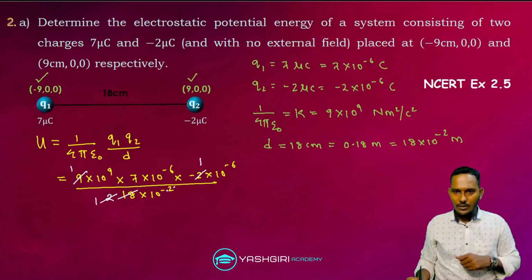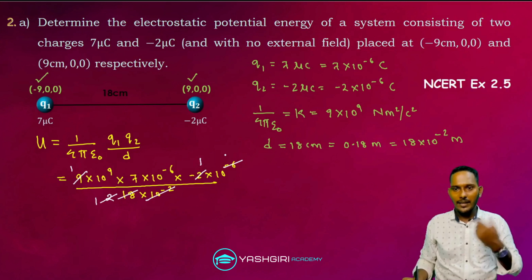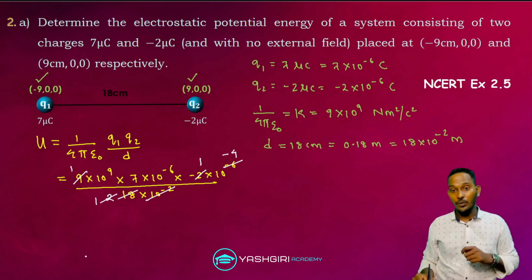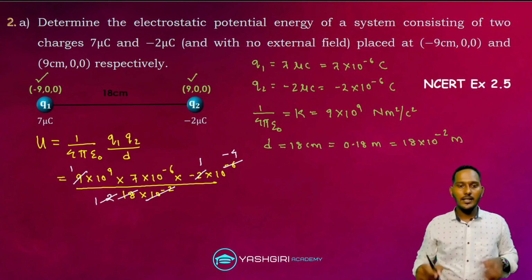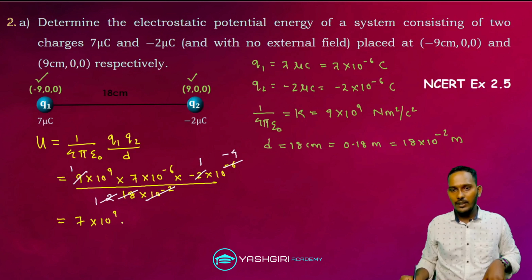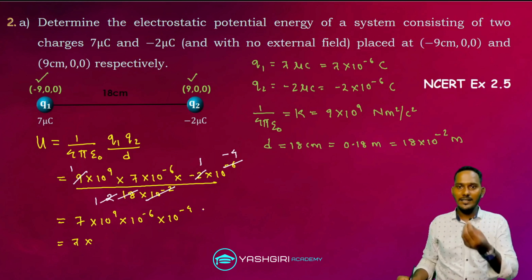So if you just see, this 10 to the power minus 2 will get cancelled with minus 6, so here we are left with minus 4, right? Now what is the final answer that we will be having? I'll be left with 7 into 10 to the power 9 into 10 to the power minus 6 into 10 to the power minus 4. That will give me again here 7 into, this is minus 6 minus 4 is minus 10, and again the power is 9 here.